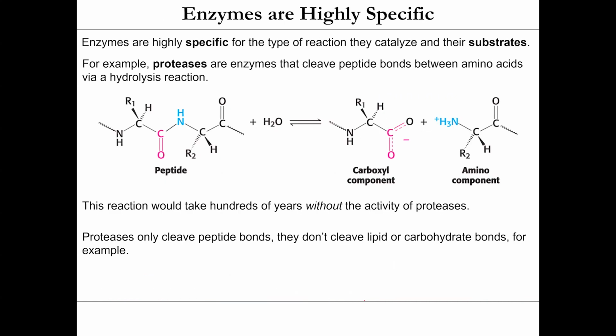Now, another feature of enzymes that's very important is that enzymes are highly specific. They have a high level of specificity for the type of reaction that they catalyze and the substrates that are involved in that reaction. An example that we'll come back to over and over again are proteases. Proteases are specific enzymes that cleave peptide bonds between amino acids. We've talked about how proteins are made up of amino acid polymers formed by peptide bonds.